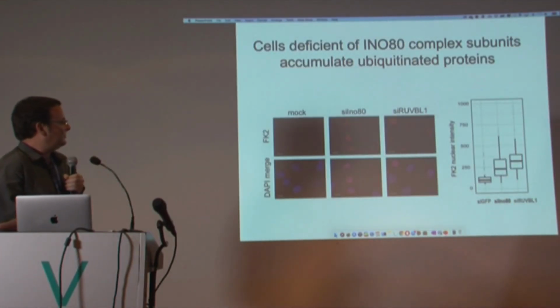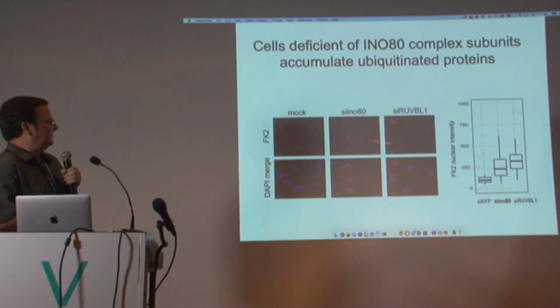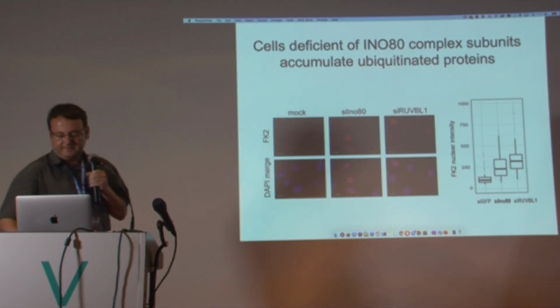So what we did, we checked the level of ubiquitinated proteins in cells silenced for different subunits of the INO80 complex, and we saw an increase in the total ubiquitinated proteins by an FK2 antibody.